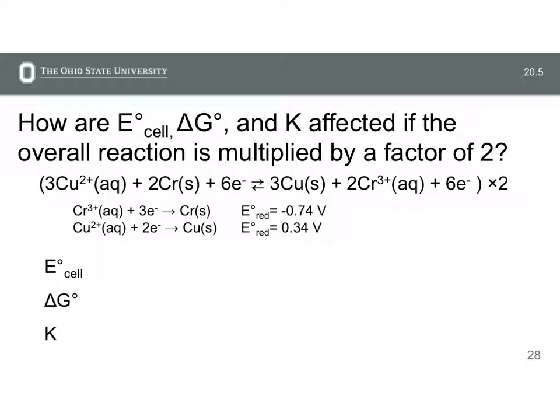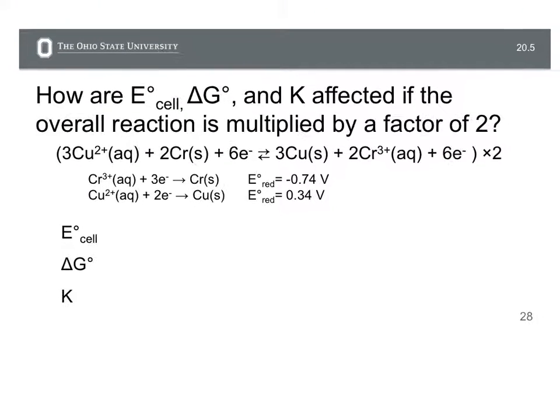Do you have questions on that last problem? So, how are the standard cell potential, or standard potential, which doesn't have to be for a galvanic cell, delta G and K affected by an overall reaction if we're multiplying by a factor, for instance? So let's say we take our copper and chromium reaction where we transferred 6 electrons and we multiply the whole thing by 2.